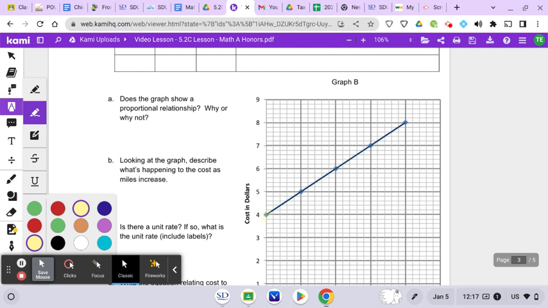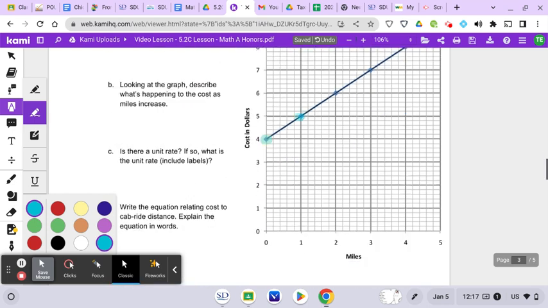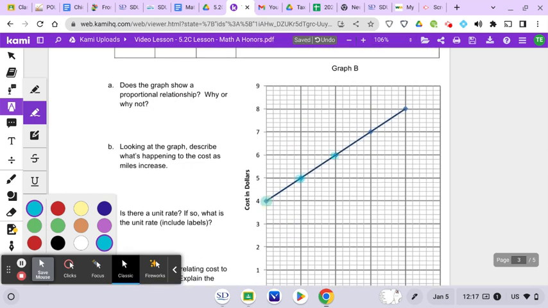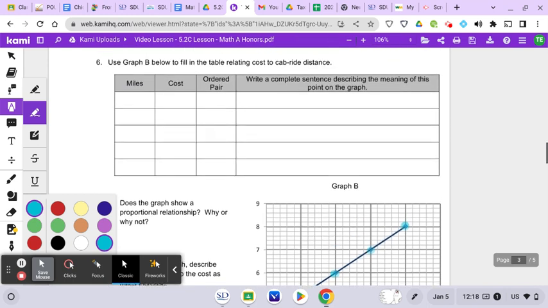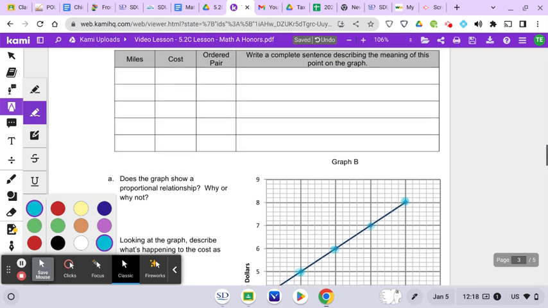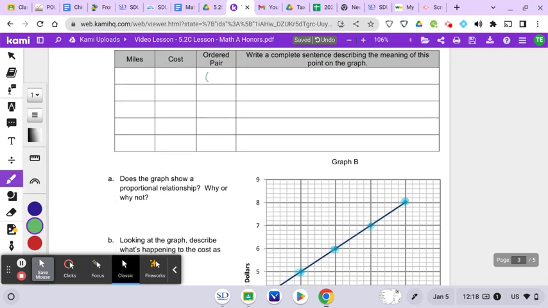Okay, but this is not proportional because it's starting at 0, 4. I want a brighter yellow, maybe let's go blue. Then for 1 mile, I get charged $5, 2 miles, $6, 3 miles, $7, 4 miles, $8. Again, these are just nice points. So I'm picking my points off my graph: 0, 4; 1, 5; 2, 6; 3, 7; 4, 8.